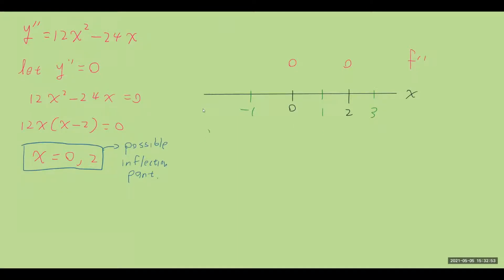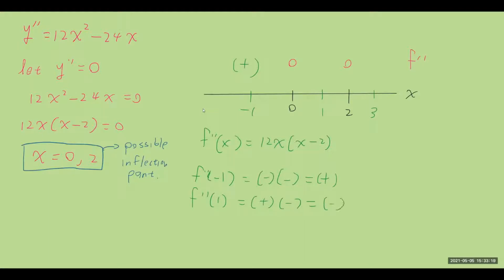Right? So f double prime of x is 12x times x minus 2. Let's see. F double prime of -1 will be a negative number multiplied by a negative number, which is a positive number, right? Right here. And f double prime of 1 is going to be a positive number multiplied by a negative number, which is a negative number.